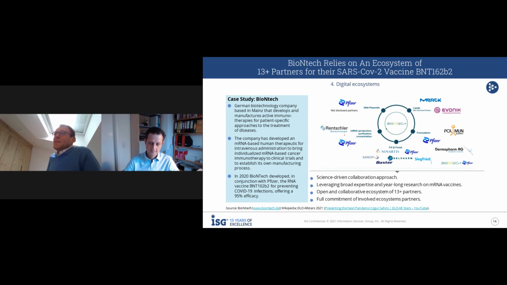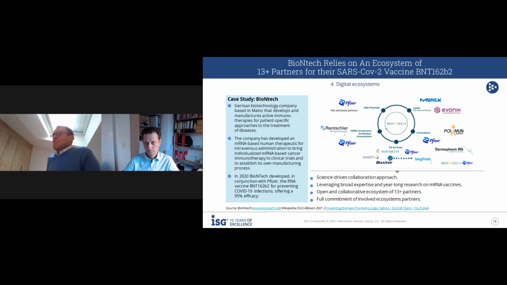But what is interesting for me in this, I mean, it's a small startup. One year ago, they had less than 50 employees. A small startup doing research on vaccines for cancer. They could never do this alone.